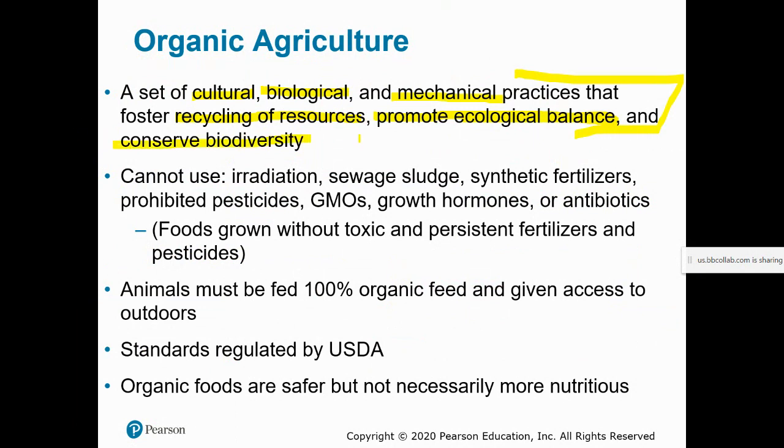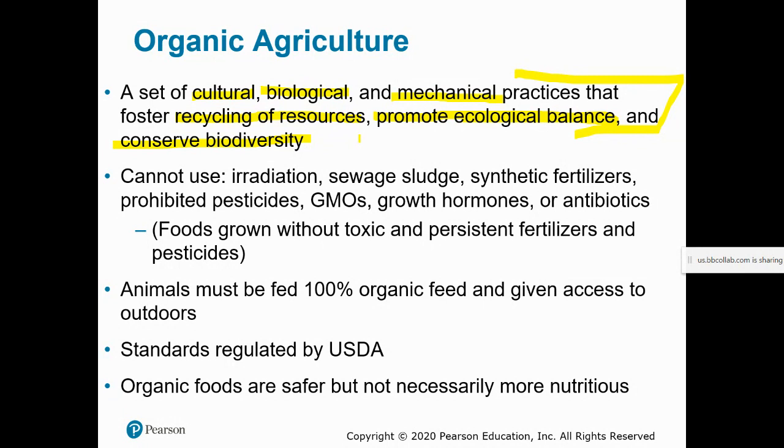So it's sort of agriculture that sees the system more broadly rather than just looking at agriculture as a means of business and making money. Anywhere that we are doing agriculture or engaging in agricultural practices, we're doing it in the context of many different ecosystems, the largest of which is just the global ecosystem of this planet.